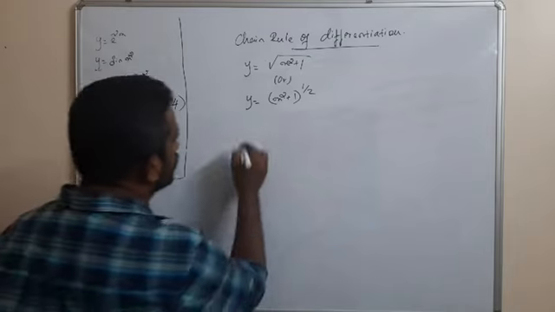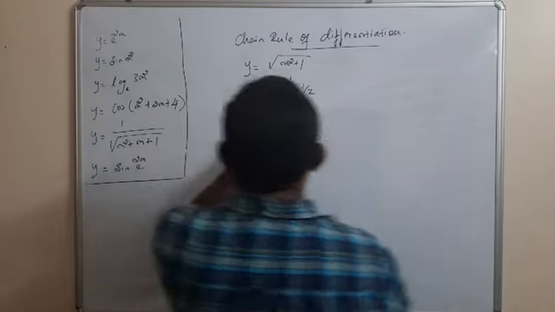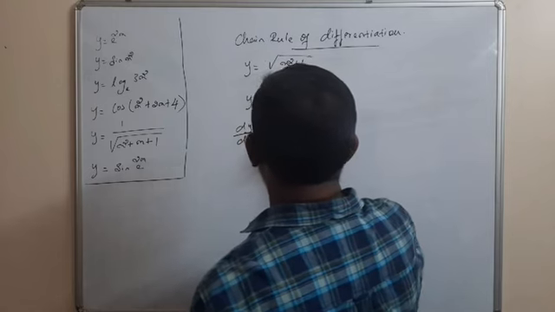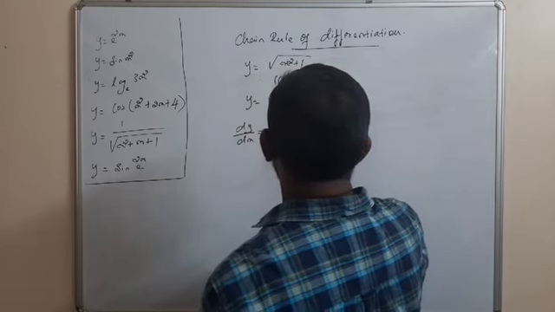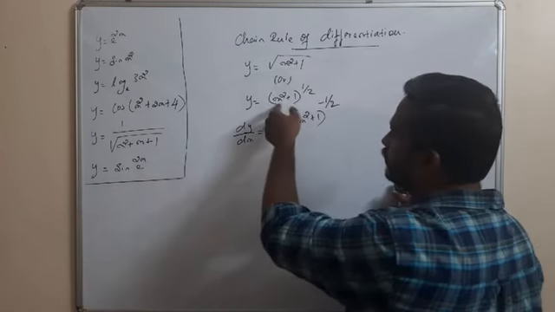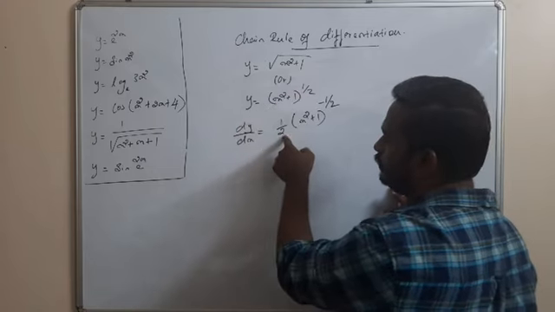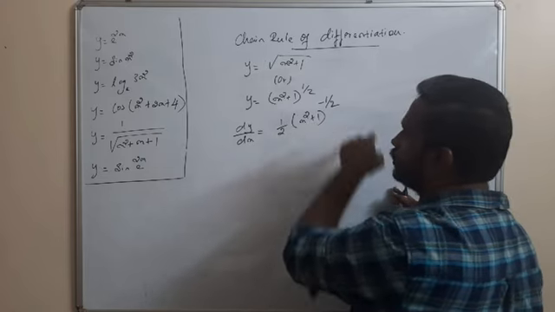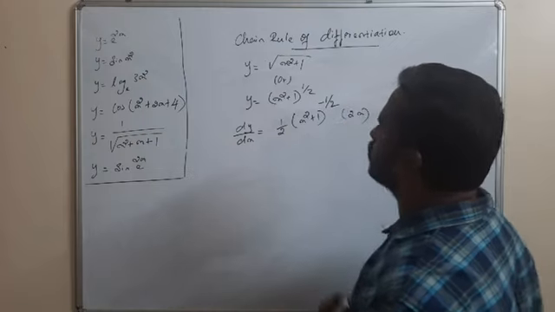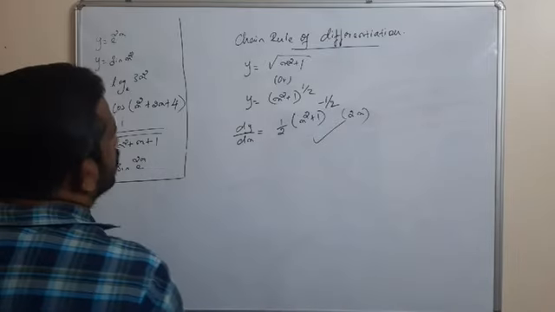We directly differentiate: dy by dx equal to 1 by 2 x square plus 1 power minus 1 by 2. Again differentiate the inner part: x square plus 1 differentiation is 2x. That's all. That way also we can do the differentiation.